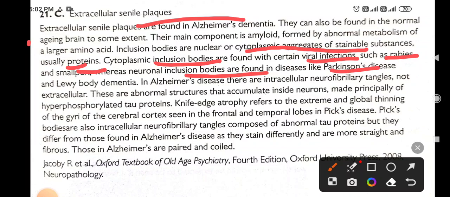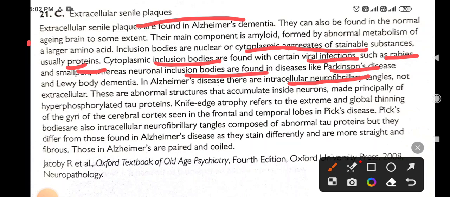Whereas in Alzheimer's there are intracellular neurofibrillary tangles, not extracellular. Okay, hope it's clear.